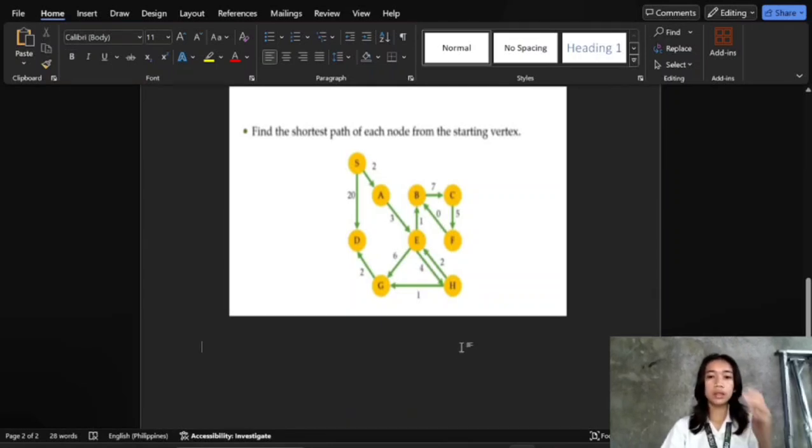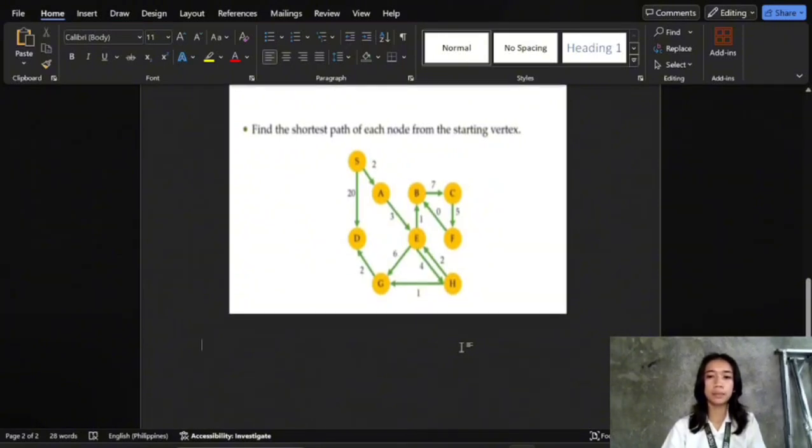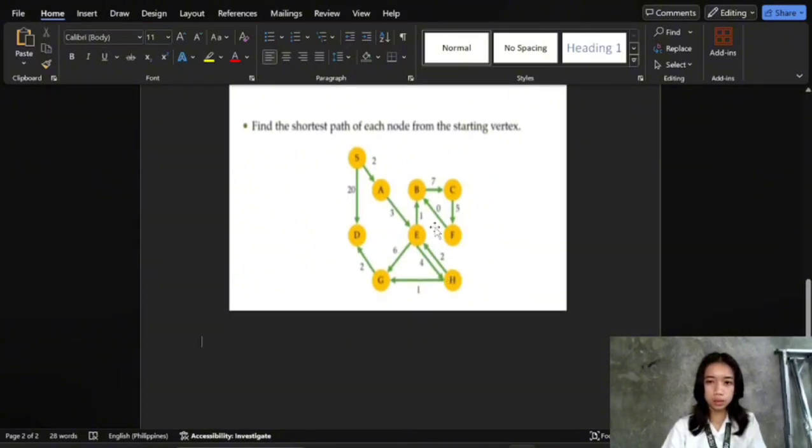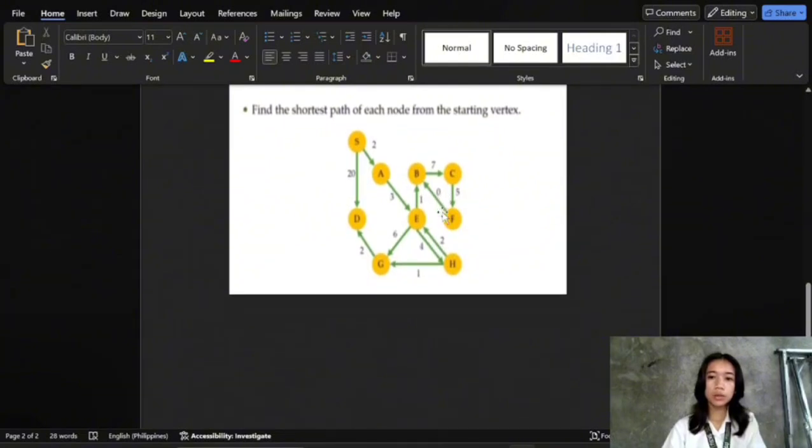So we need to initialize. We set the distance to the source vertex S to 0 and set the distance to all other vertices to infinity. Use a priority queue to select the vertex with the smallest known distance. Next we iterate.